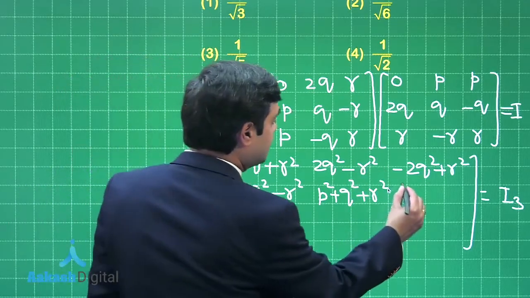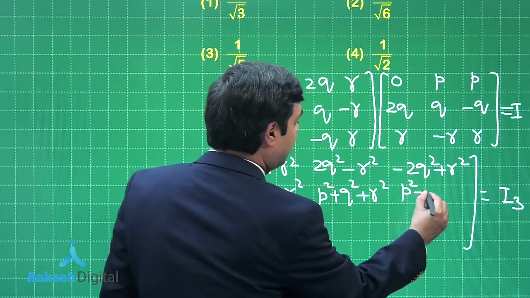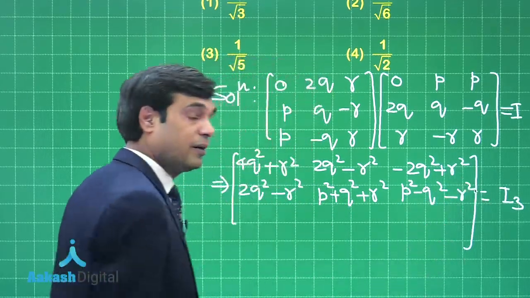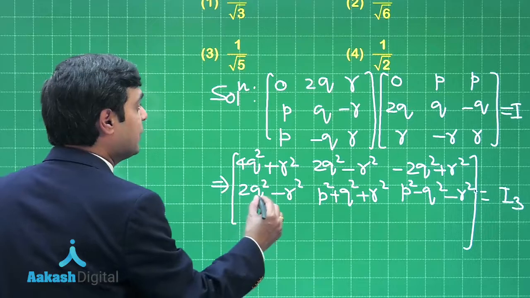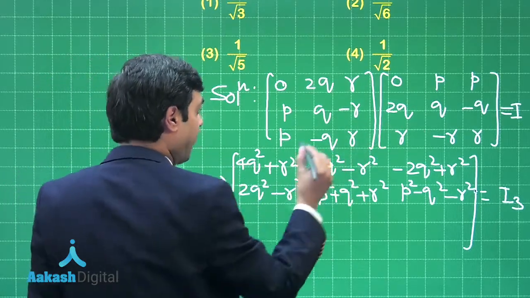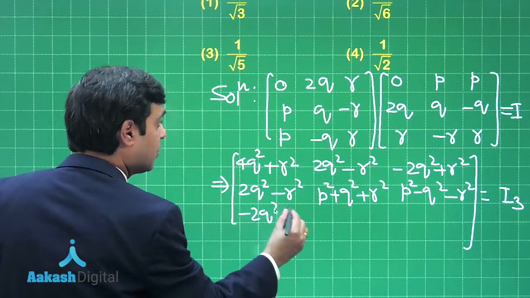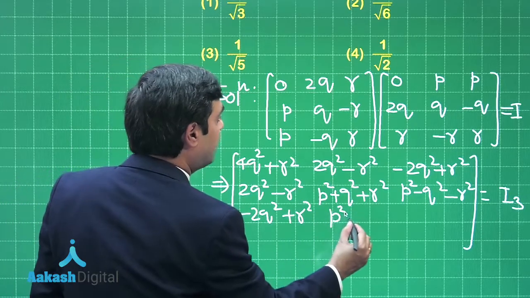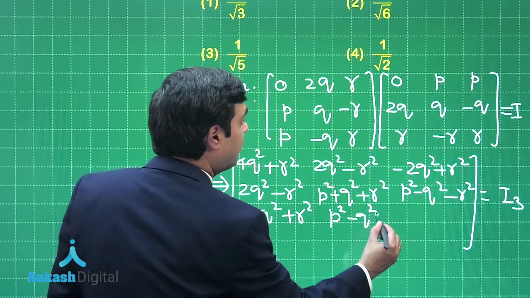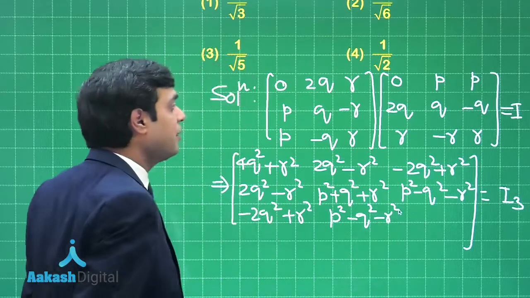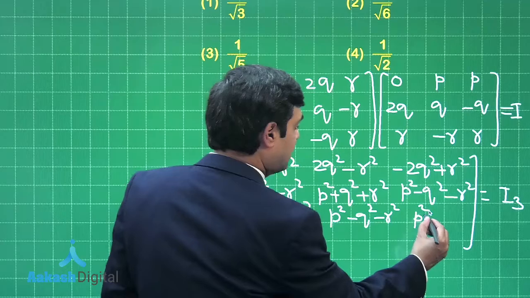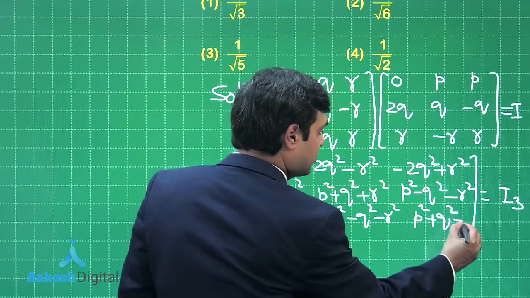Third one, this is p square minus q square minus r square. Then you have 0 minus 2q square plus r square, p square minus q square minus r square, and last element is simply p square plus q square plus r square.